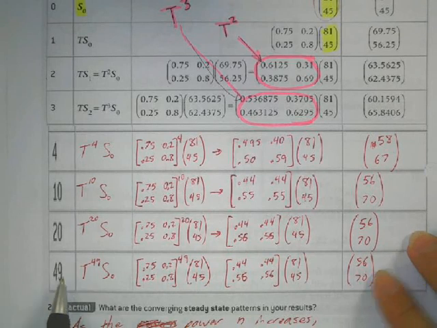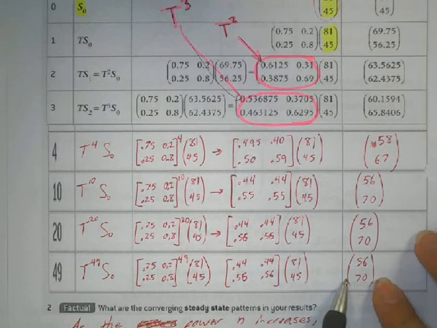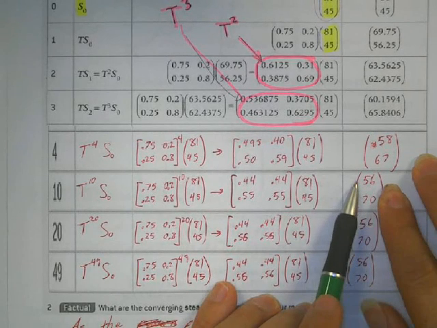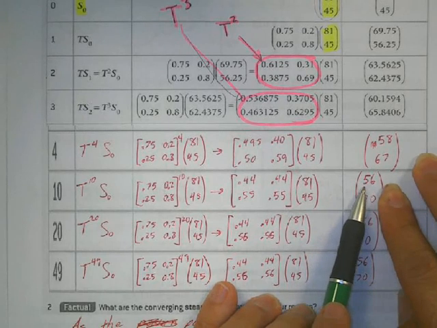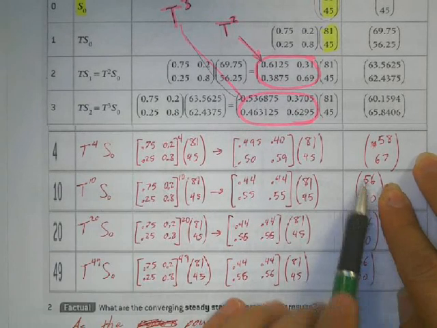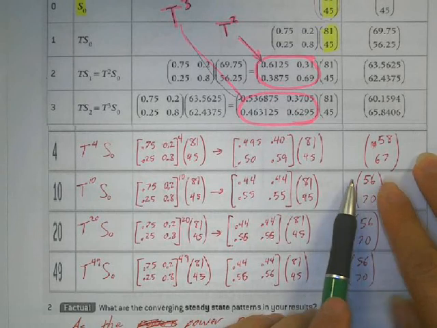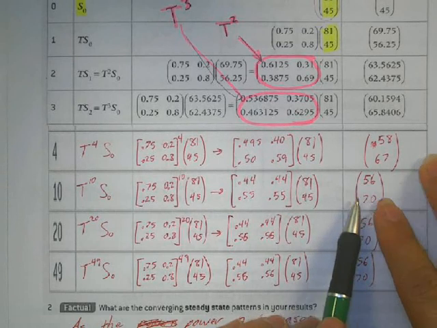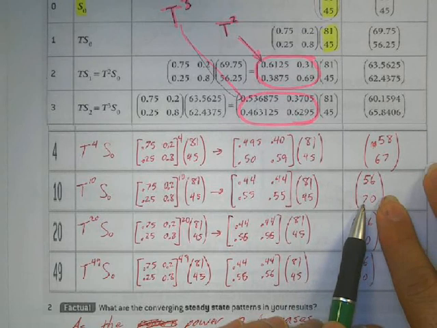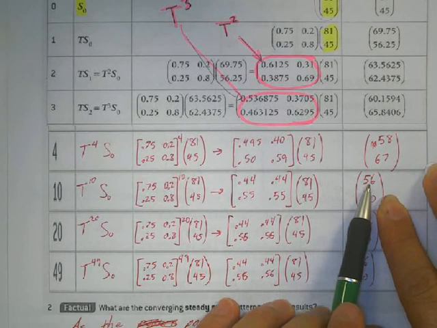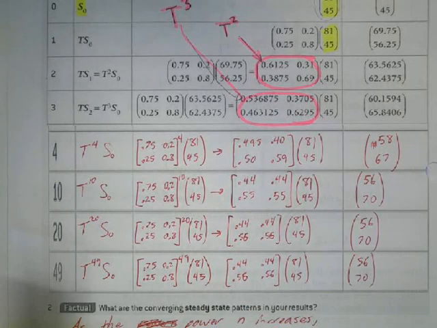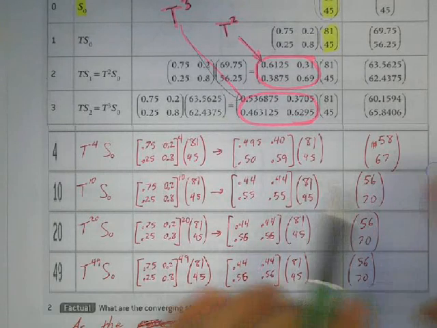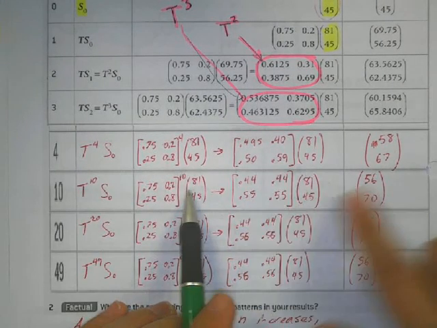And notice they start to converge. For example, after 10 years, at some point you're always going to have 56 people liking Coke and 70 people liking Pepsi. This includes that some are going to switch between liking one or the other, and the transition matrix stays the same.